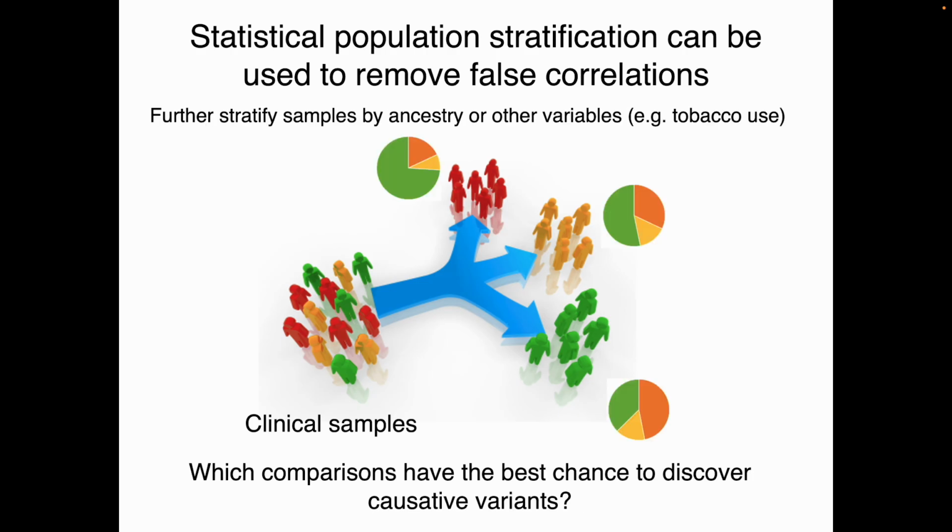But then you do population structure analysis on them and you find out there's actually significant population structure underlying that. This is the same question as the red and the blue subtypes.